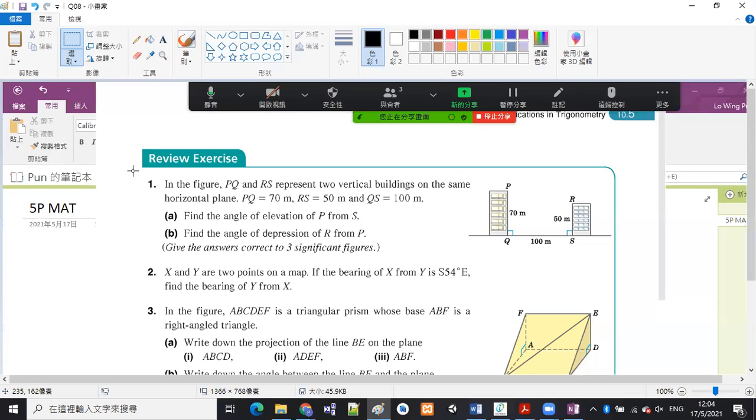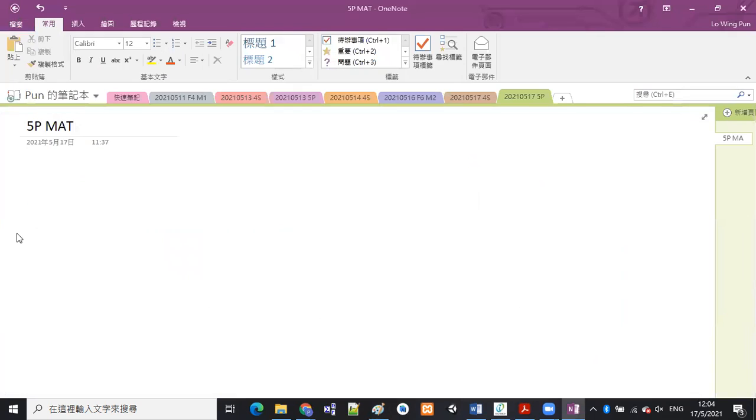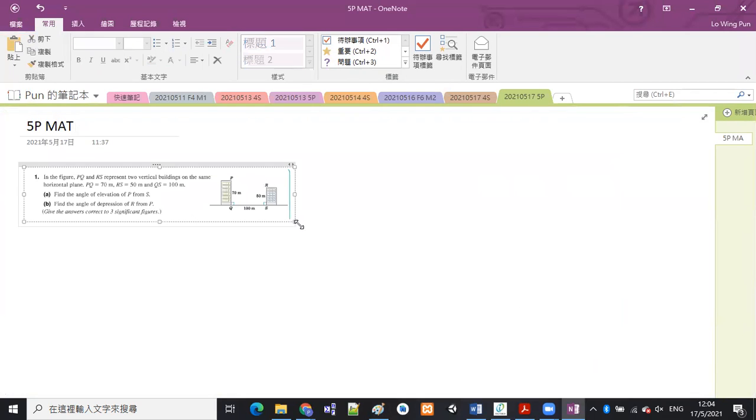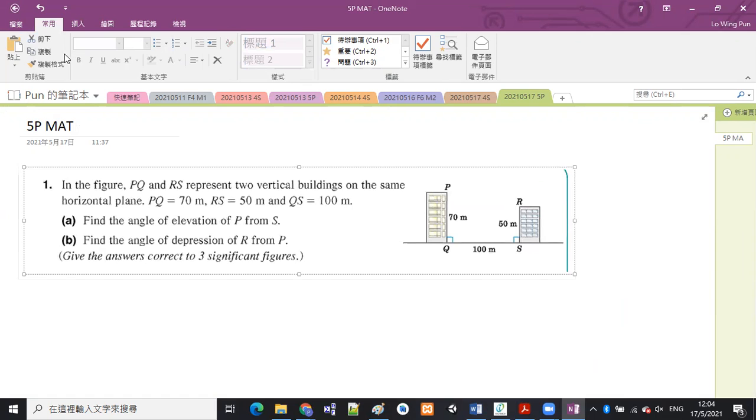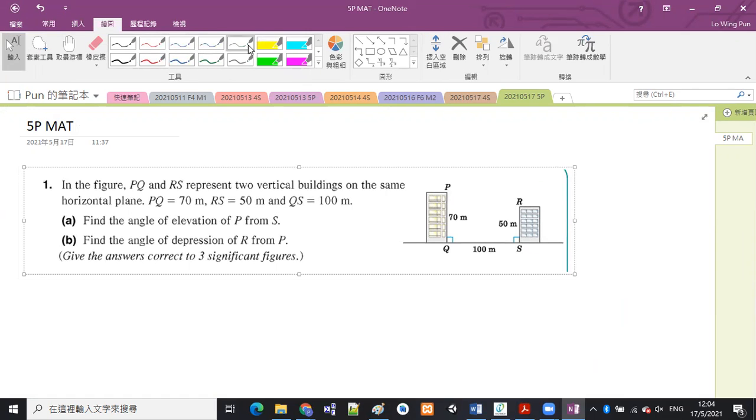Let me copy the question first. It is of P from S. Then my eyes will be located at point S. The eyesight will be at point S, and then I'm going to look at point P.